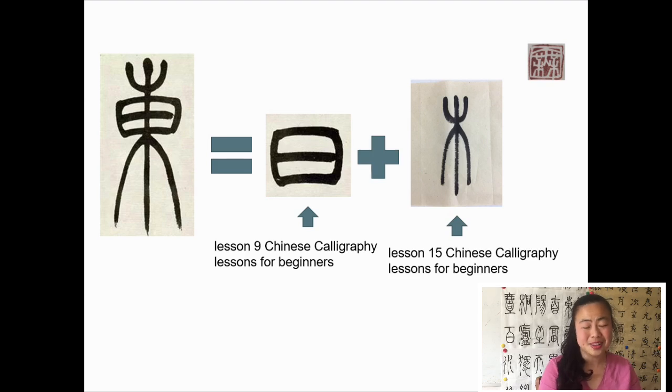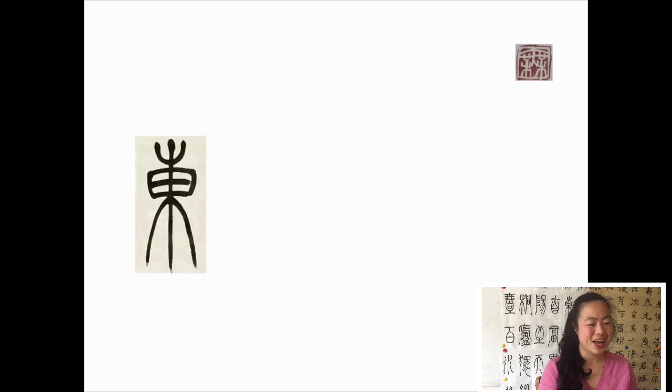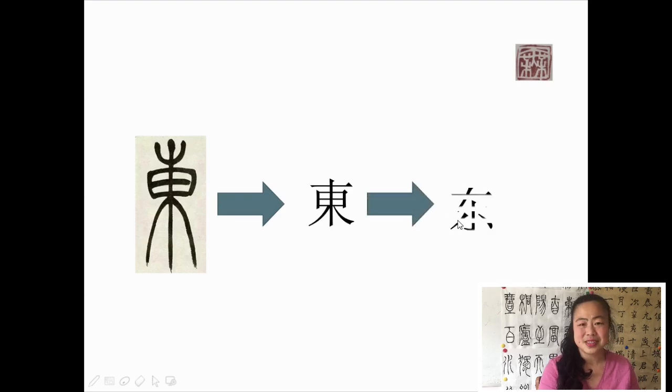Now, do you remember the meaning of this character? This character is the traditional character, and this one is the simplified character. You can see that the traditional character is quite similar to the old characters, right? After simplification, it's quite difficult for us to tell the origin.